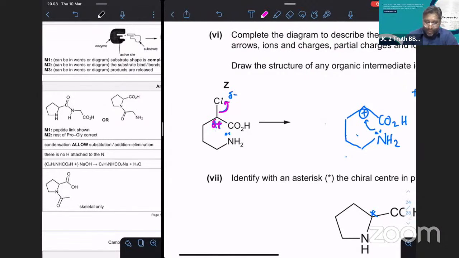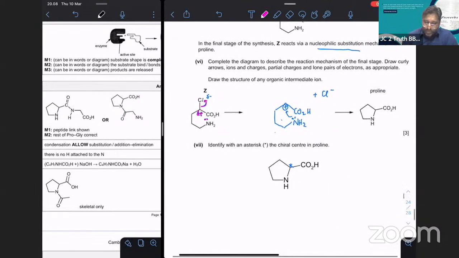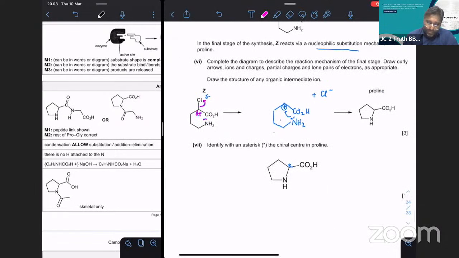What will happen next, we do have nitrogen having a lone pair of electrons. You can actually show the arrow here, or you can even show it in the intermediate also. So here I think it is better to show it over here, because here they want you to draw the intermediate. So you just put it over there.